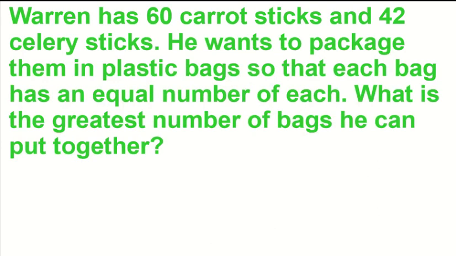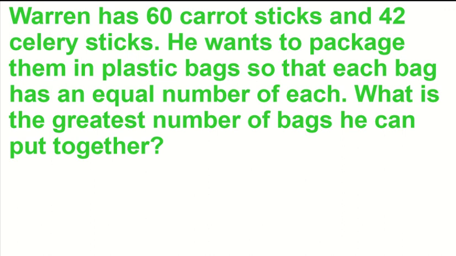All right, let's do one of those word problems there. All right, so this is where this really comes into play, something that you could use kind of in life. Warren has 60 carrot sticks and 42 celery sticks. He wants to package them in plastic bags so that each has an equal number of each.